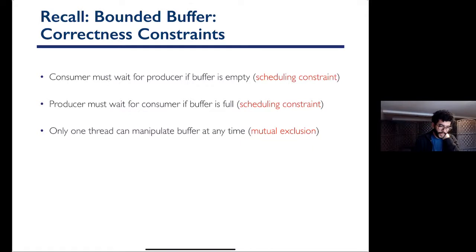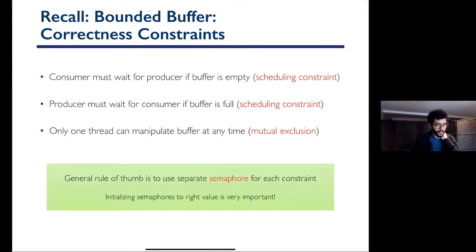A general rule of thumb for using semaphores is to use one semaphore for each constraint that you want to implement. In the bounded buffer, we have 3 constraints, so we're going to have 3 semaphores, one for each constraint.